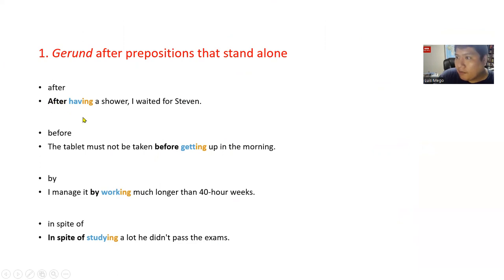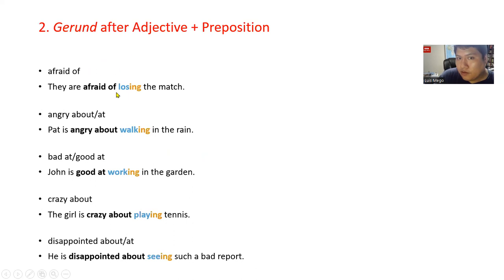So after a preposition, we use a gerund. Before getting up. So before is the preposition, and after that you have the ing form. By working, of studying, of losing, about walking, at working, about playing, about seeing.